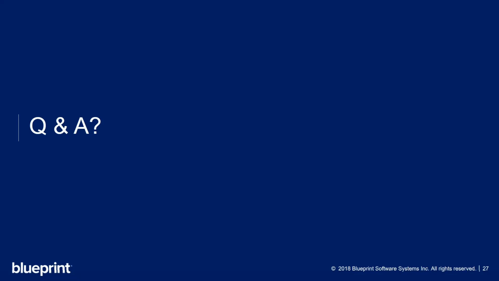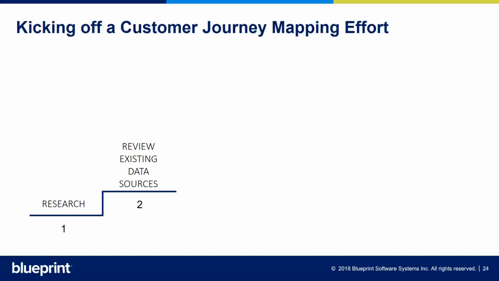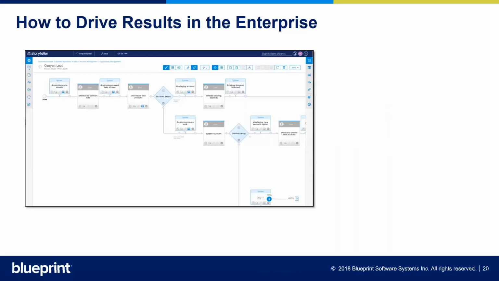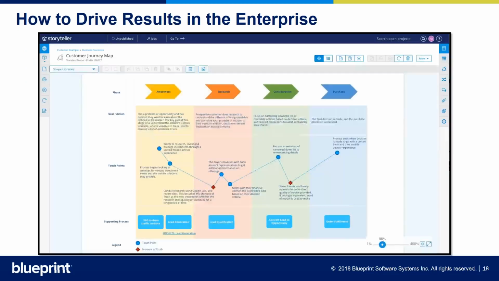So if I jump back to an example here, just give me one second. The customer journey map here doesn't necessarily cross features per se, but I'll get to that in a moment. You want to be able to focus on how they're interacting within your organization.